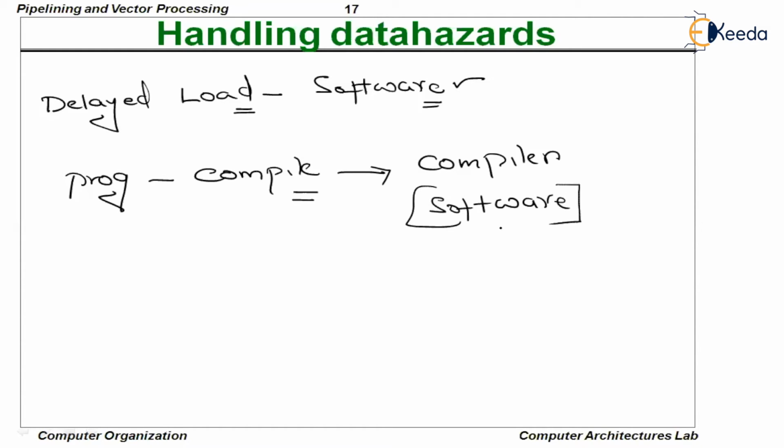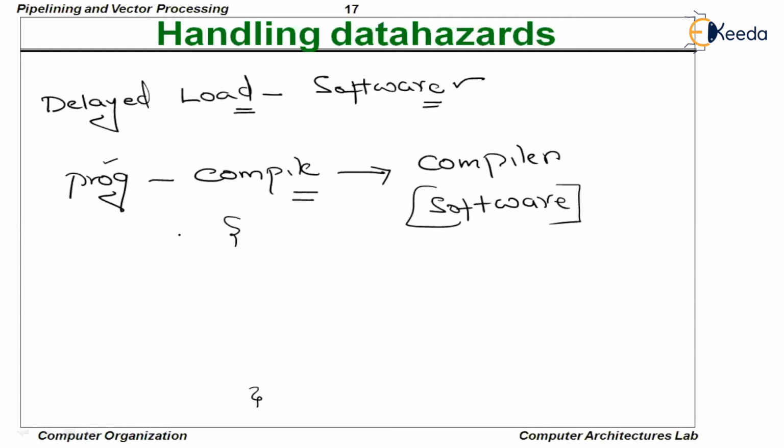So what we do is, we add some additional software modules within the compiler to detect and identify the dependencies between instructions. Anyhow, the compiler has a set of code to compile the program. We write some additional code which detects the dependencies between the instructions.